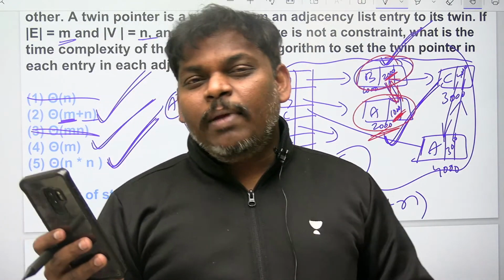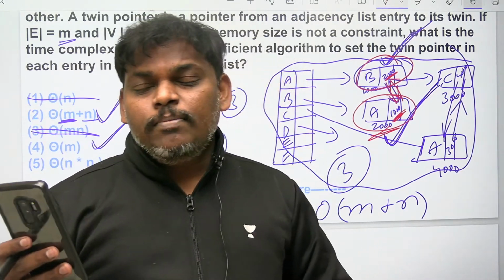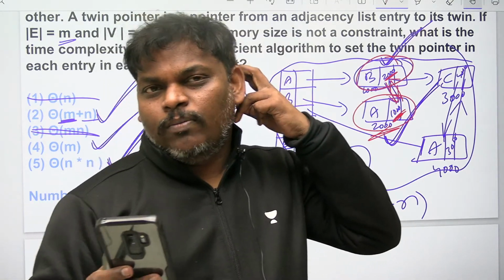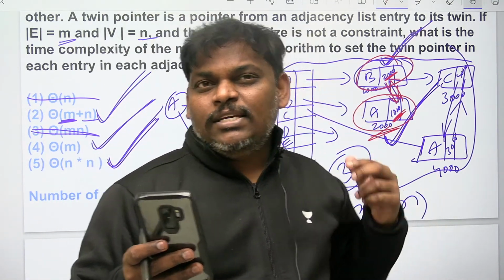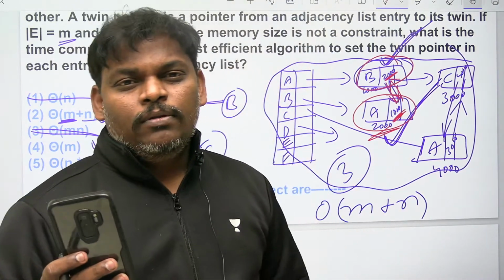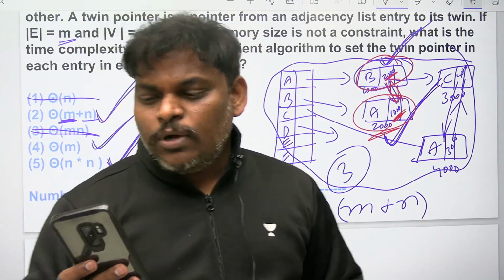Yeah, with an adjacency matrix, this problem will not be given. Rishabh, there is no fun in the problem with an adjacency matrix. This problem has fun because of the adjacency list only.